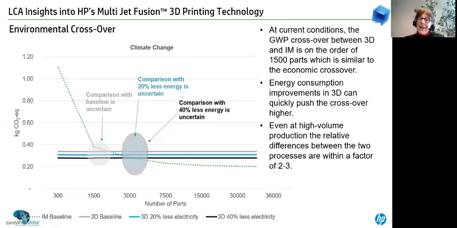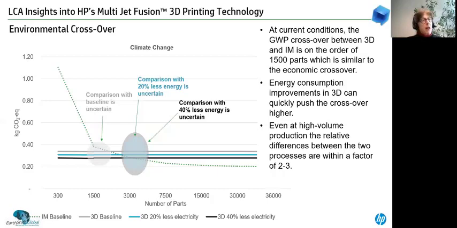So, you know, that's really interesting for HP. They understand, well, we've got some advantages in comparison with injection molding. These parts can be customized per car if people want. There's a lot of flexibility there. And so they can say, well, we're equivalent at that point.